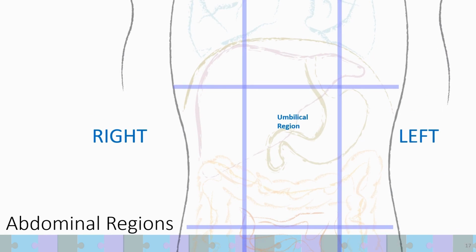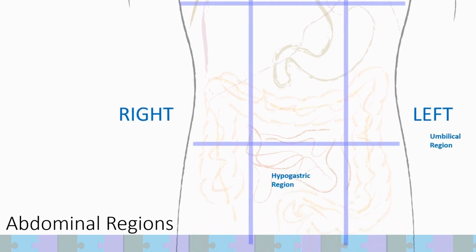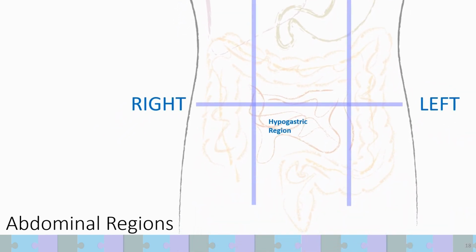Moving down to the umbilical region, we're going to see the small intestine, and in the hypogastric region, we see the small intestine and the large intestine, as well as the bladder. If you've got a female patient, you would see the uterus, as that tends to sit fairly midline if your patient has one.